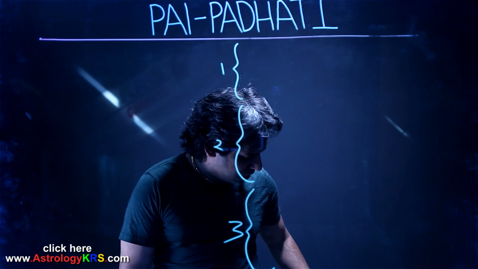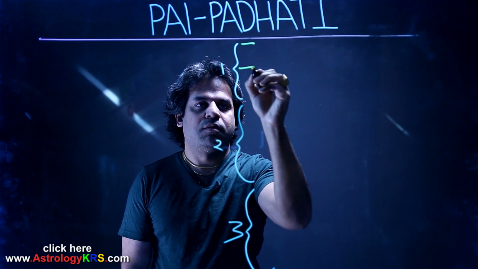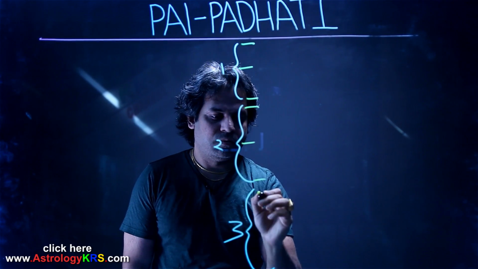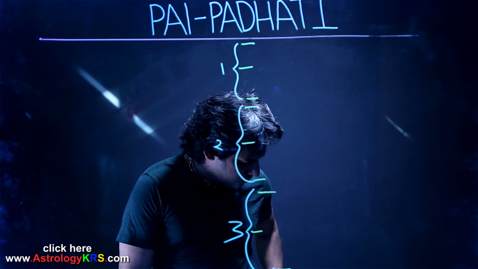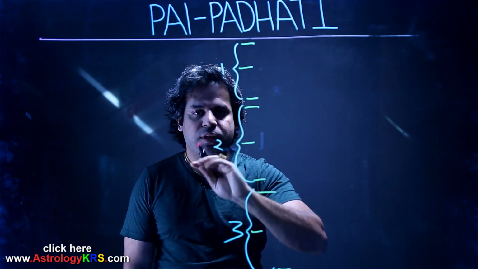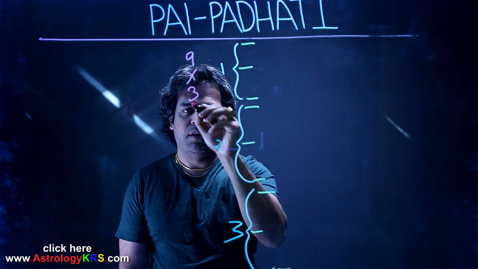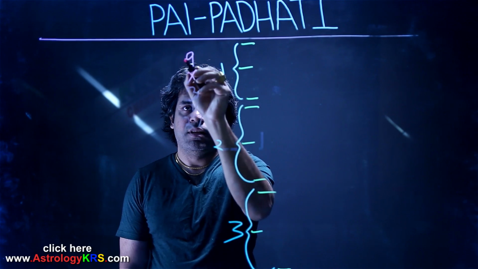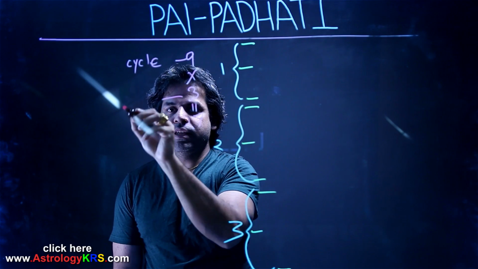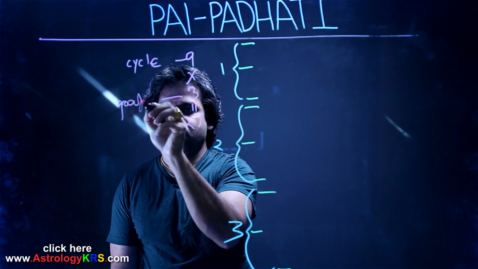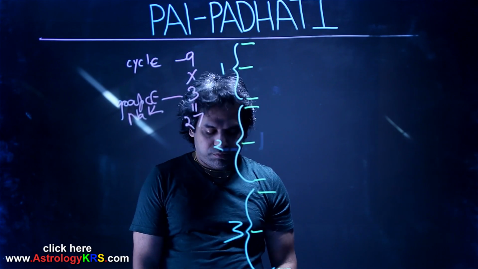So what does this mean? Well, first of all, think of the 9 groups that I told you. 9 times 3 equals 27. This is cycle. This is group of nakshatras.